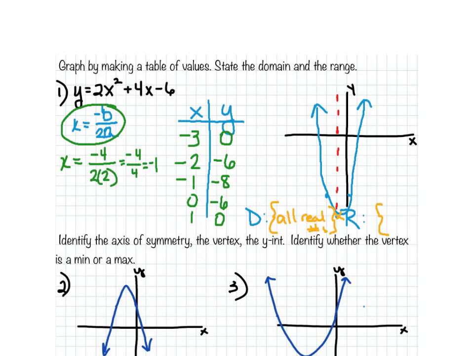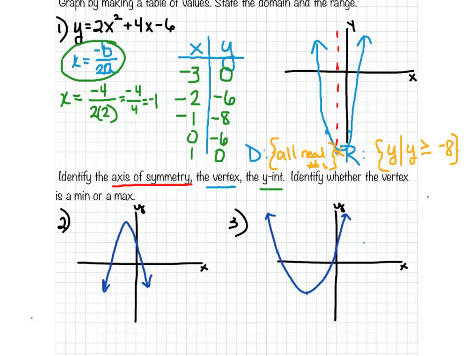It stays above the minimum. So for your range, y, all values for y, where y is greater than or equal to negative 8. See, y cannot fall below the minimum on the parabola.